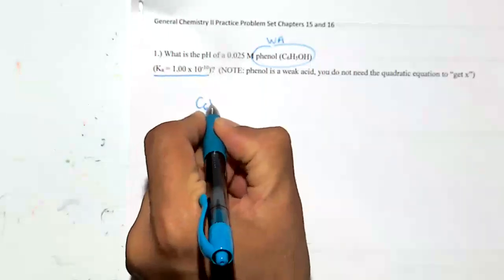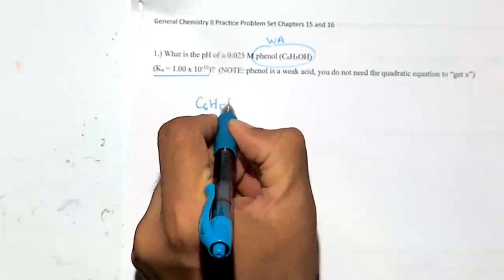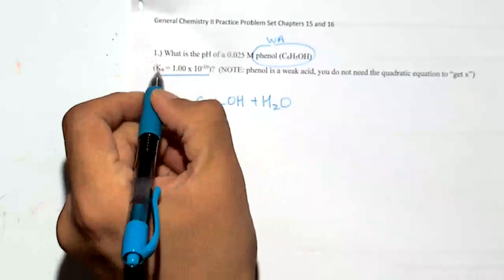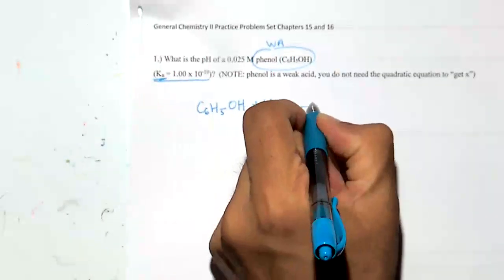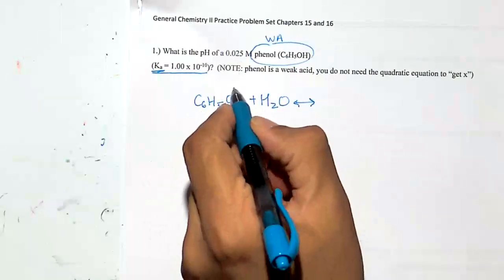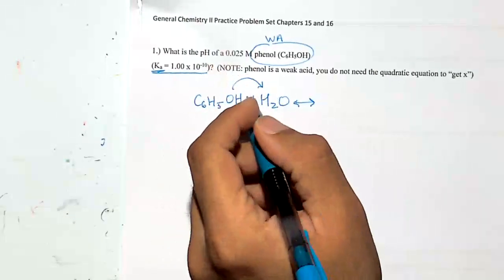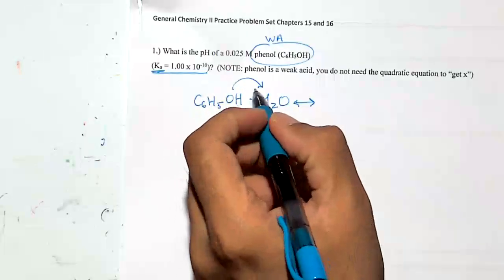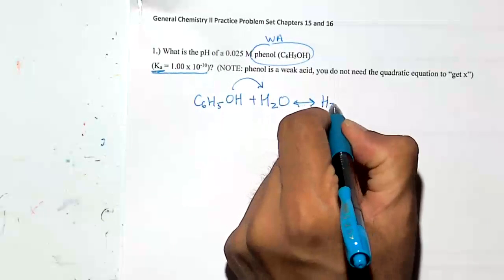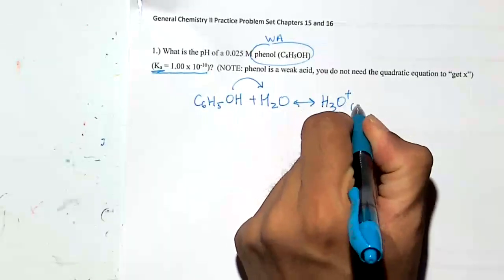So the first thing is you want to write the equation for the Ka. I'm going to try to go fast to cover as much of the exam as I can here. This weak acid delivers a proton, as we learned in chapter 15, and it will give you the hydronium ion.